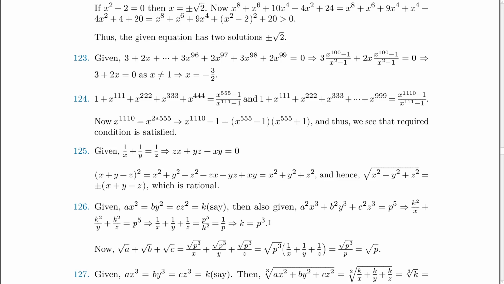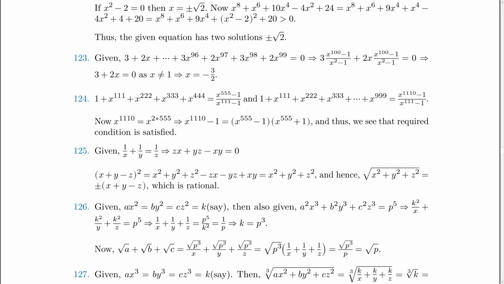Once we have the k, it is trivial to solve for square root of a plus square root of b plus square root of c, because now this will be k by x square, k by y square, k by z square. So what we do is we substitute square root of p cube. If you look at this term, if you take square of this, it becomes a x square.